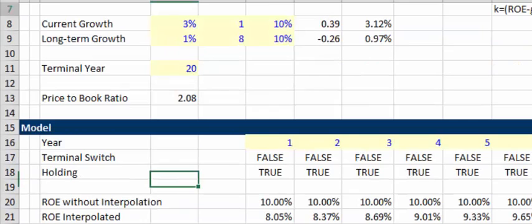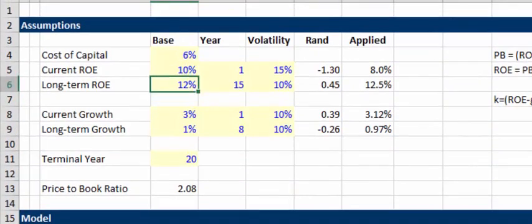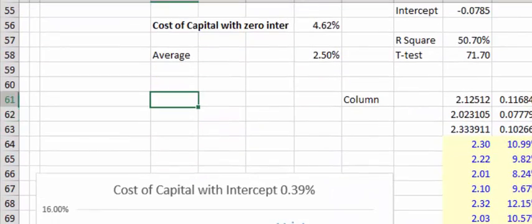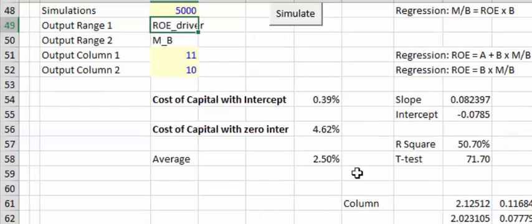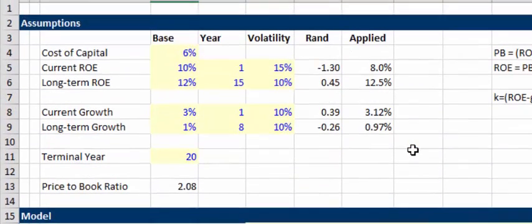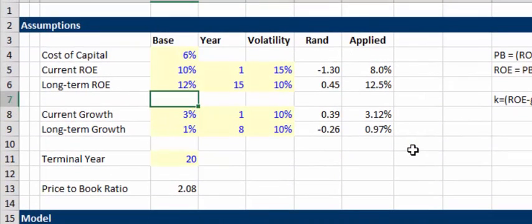So in this case, with the increasing ROE, the estimate with the intercept didn't work very well at all, it underestimated. So I'm going to make another scenario here. Let's make it go down to 7%. Let's make the growth rate go up. How about that? All right.